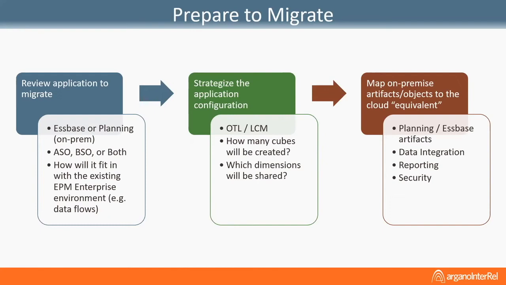Okay. Also with reporting, there are different options, and depending on what options you choose, it might dictate how many adjustments you need to make to your reporting artifacts. So in most cases, you can directly import those reporting artifacts, but you will need to make some level of adjustments.